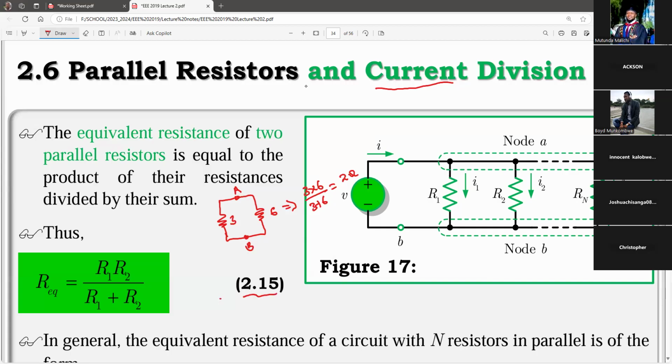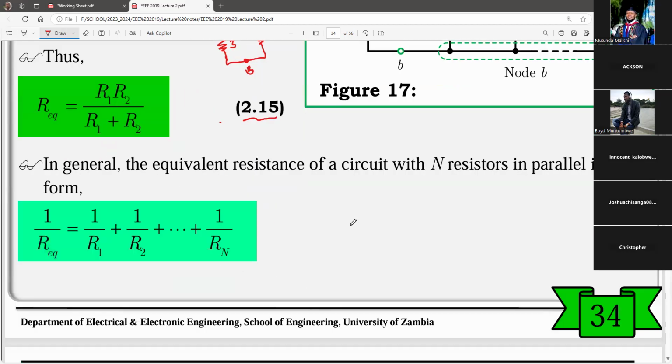Equation 2.15 is strictly for two resistors. Once resistors become three, you can't say R1 times R2 times R3 over R1 plus R2 plus R3. No. So if there are more than two, the general equation dictates that 1 over the equivalent resistance is equal to 1 over R1 plus 1 over R2 plus all the way up to 1 over R100.